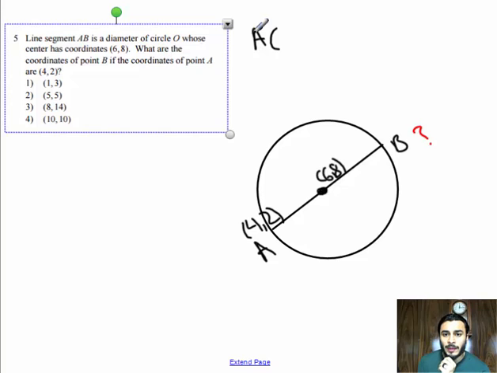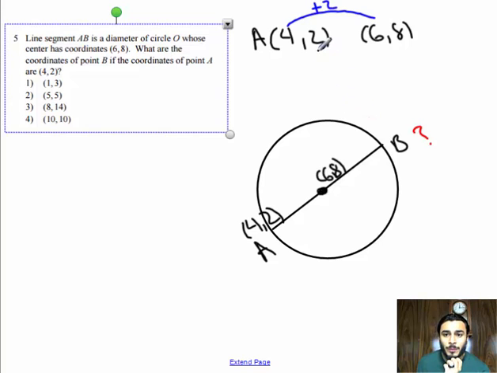Point A has coordinates of 4, 2. The center has coordinates of 6, 8. So what's the pattern to go from 4 to 6? What's the change? They added 2.